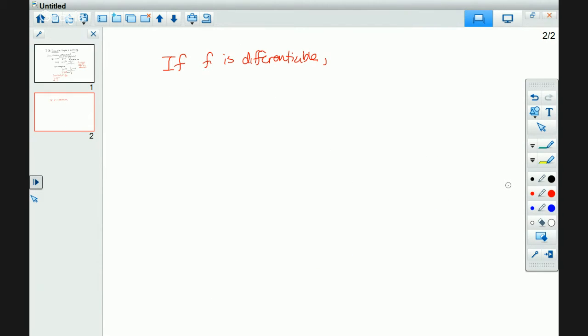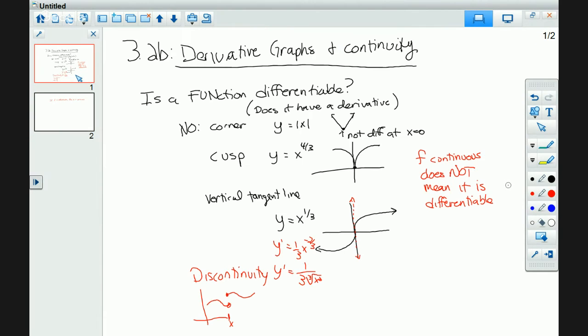But if it's differentiable, does that imply it's continuous? Does it have to be continuous? Yes. I just gave you an example. It is not continuous.